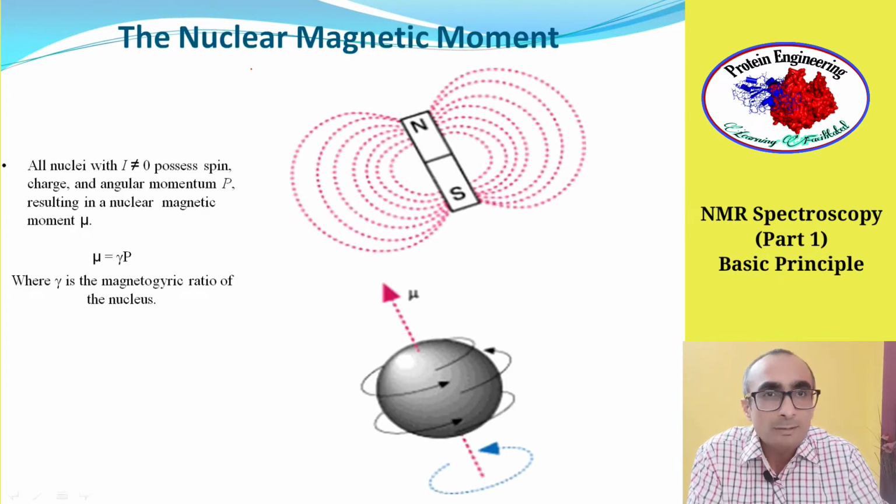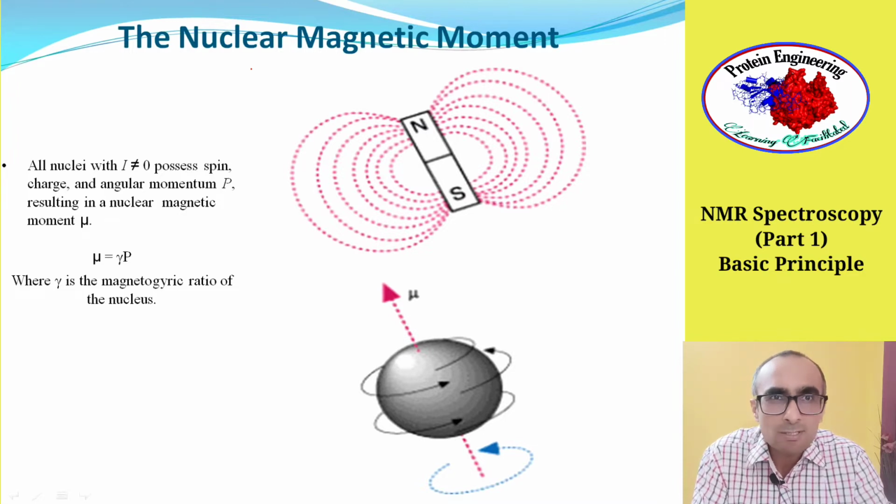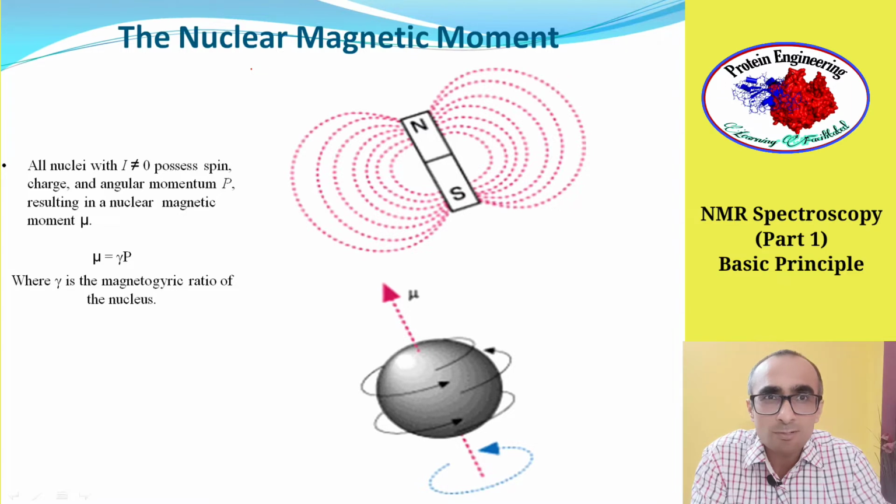So, we know that the nucleus of an atom contains protons, and protons are charged. We also know that when a charged particle has a spin, that creates a magnetic field. So all the nuclei of atoms which have a spin behave like a magnet, because they have a resultant magnetic moment.